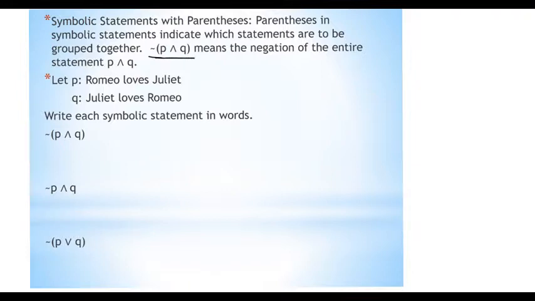So what you would do is if the negation symbol is outside the parentheses, you start the statement off with, it is not true that, and then you're going to put the statement that's inside the parentheses.